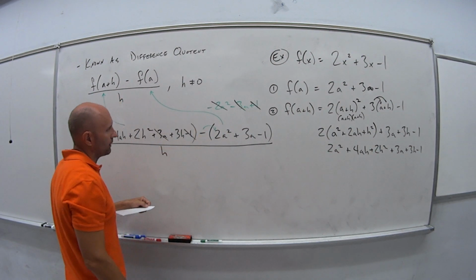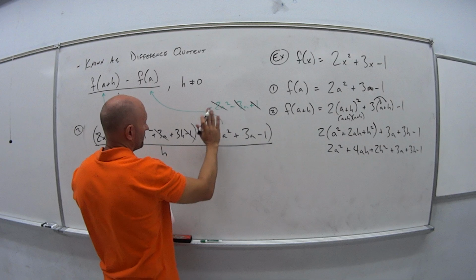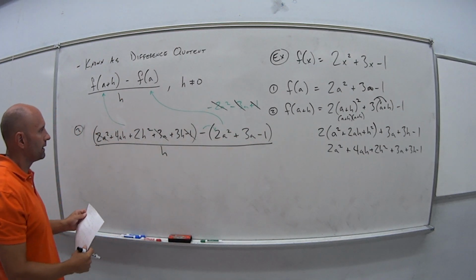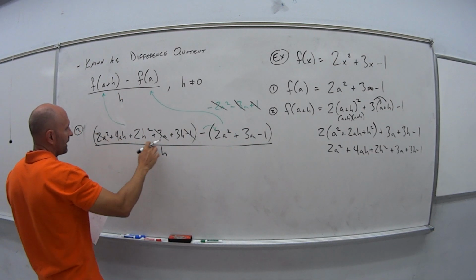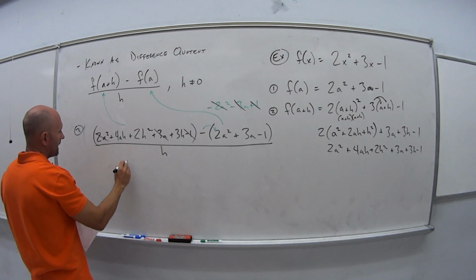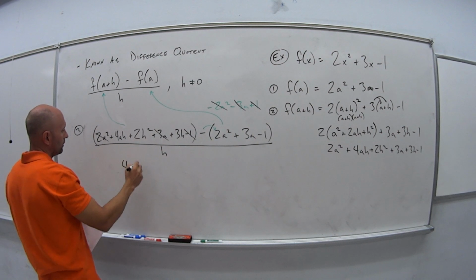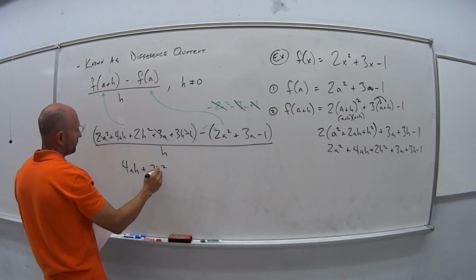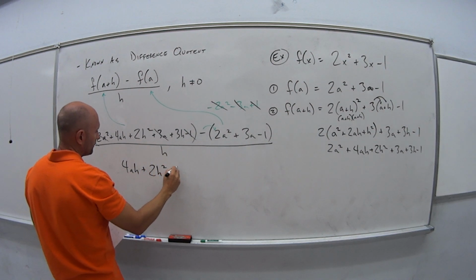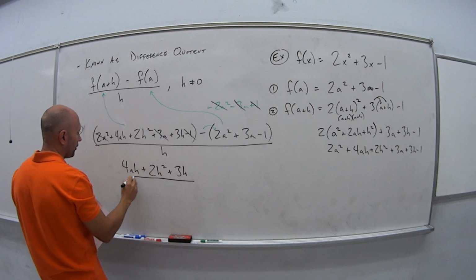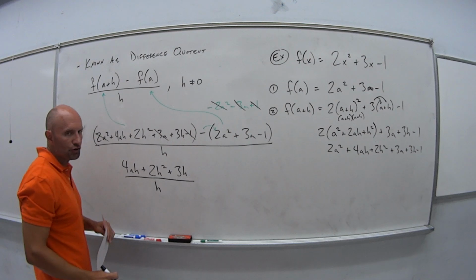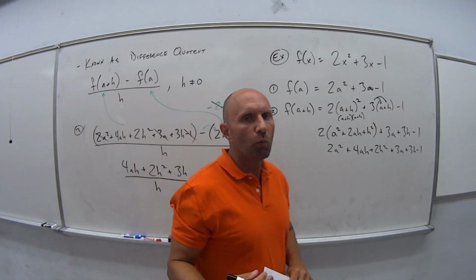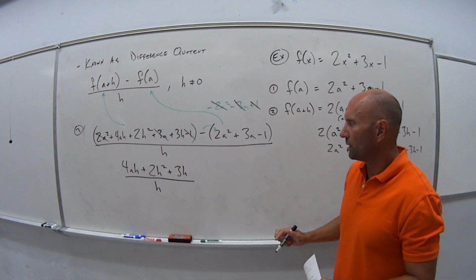And again, this guy we wrote up here, so I'm not worrying about the black writing there. So the only thing I have left is 4ah plus 2h squared plus 3h all over h. So what do we notice now about this numerator?